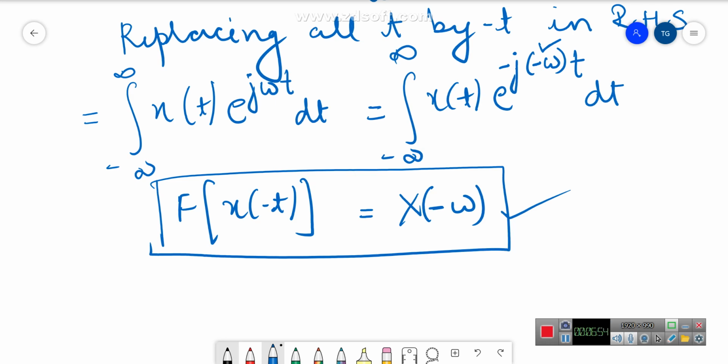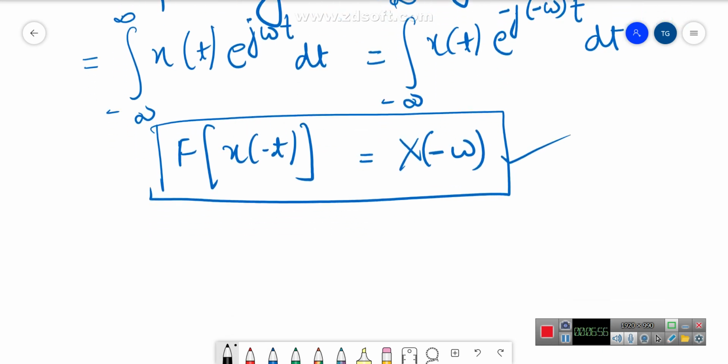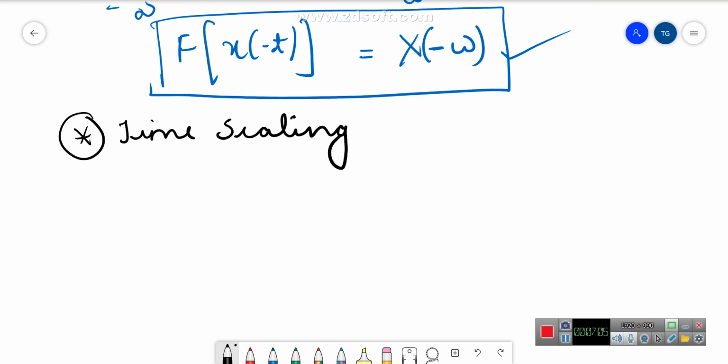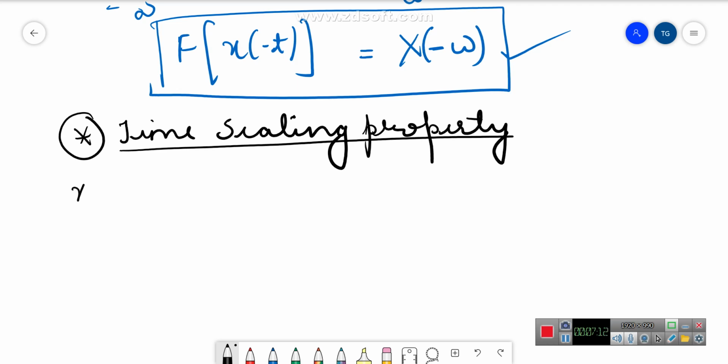Now we will see next, that is my time scaling property. When in time domain my x of t becomes x of at, it means my time function is getting multiplied with a constant a.